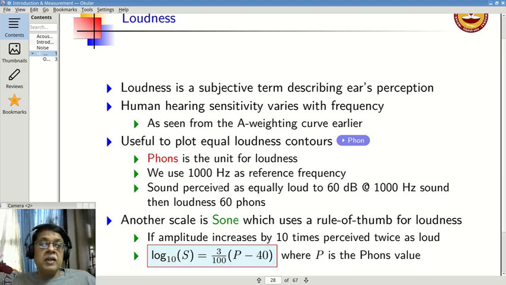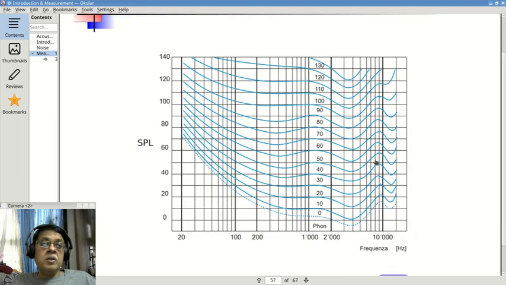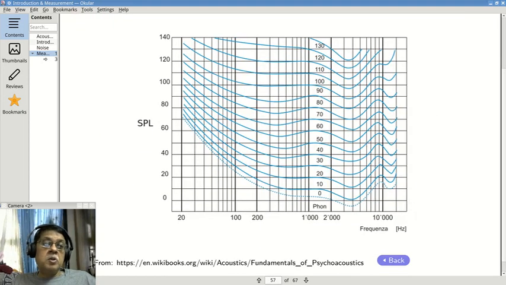Now when we say this phone definition, here is a curve just to show you. If you look at the curve, it's kind of like an inverted A-weighting curve, right? So each of these lines is basically a contour corresponding to, so for example here is an 80 phone curve. You can see that I have to increase the sound level at low frequencies in order to make it appear equally loud.